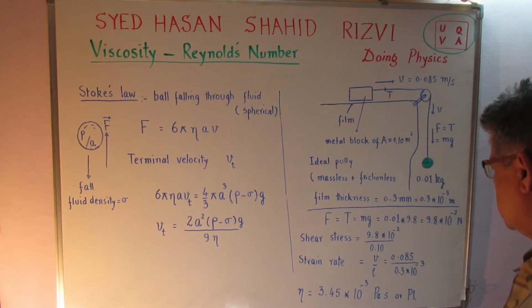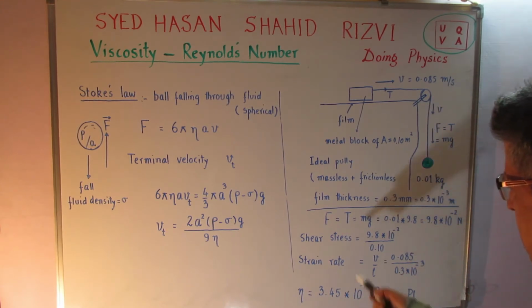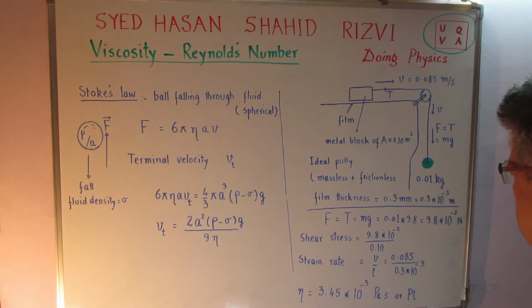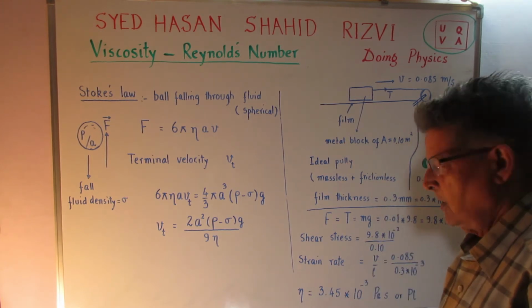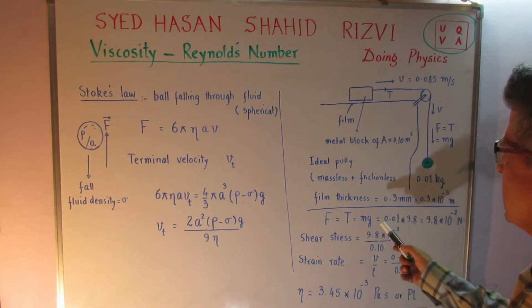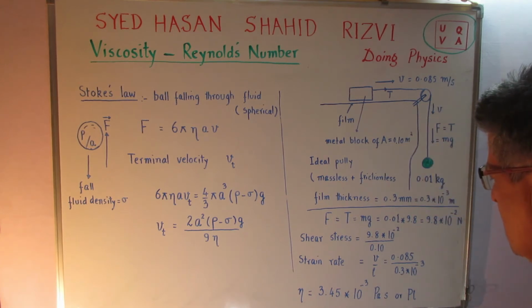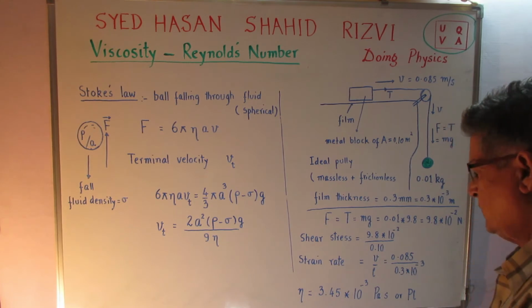You can see similar kinds of experimental details. So F is equal to T is equal to mg, which is equal to 9.8 into 10 to the power of minus 2 newtons, and therefore the shear stress becomes equal to this force divided by the area of the film.